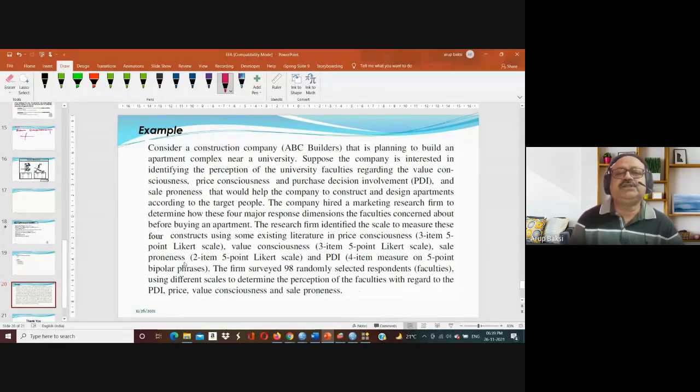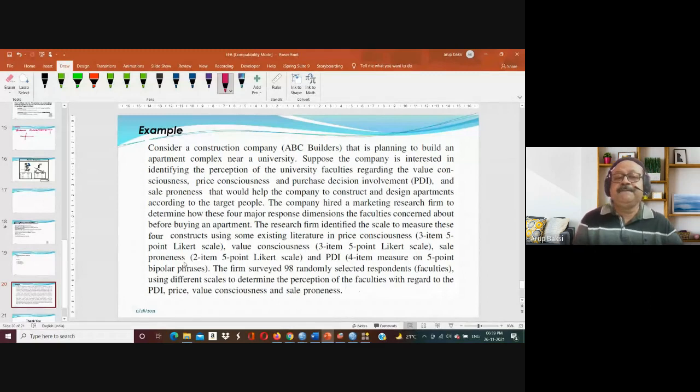Consider a construction company, say for example ABC Builders, that is planning to build an apartment complex near a university. Suppose the company is interested in identifying the perception of the university faculties regarding value consciousness, price consciousness, purchase decision involvement, and sales proneness, which would help the company to construct and design apartments according to the target people.